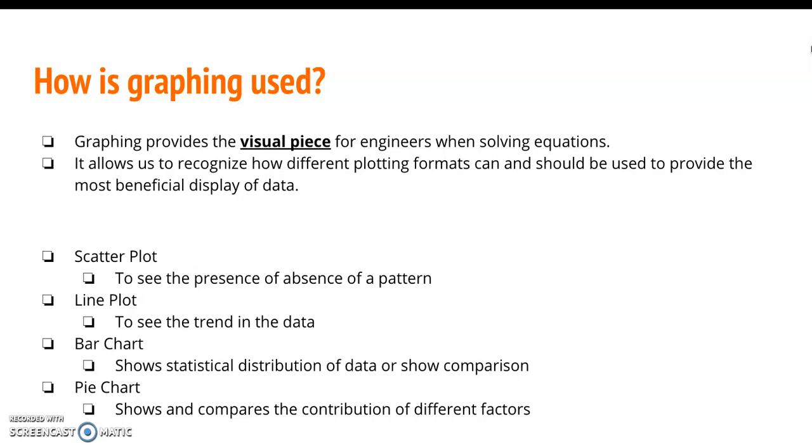You have a bar chart that uses comparison between different categories, and you have a pie chart, which we know is a circle divided into different sectors that represent a portion of the entire whole, so how each factor is contributing.